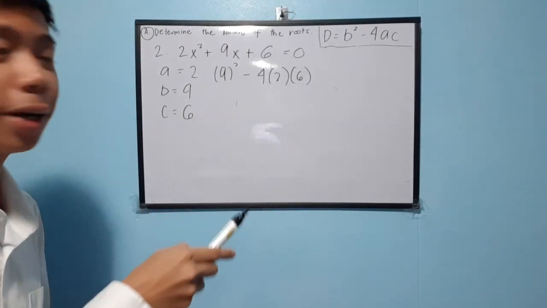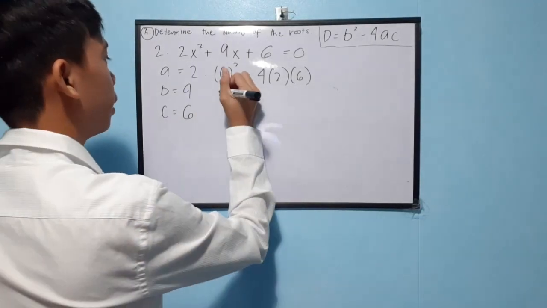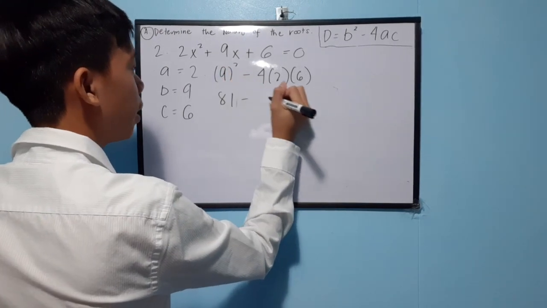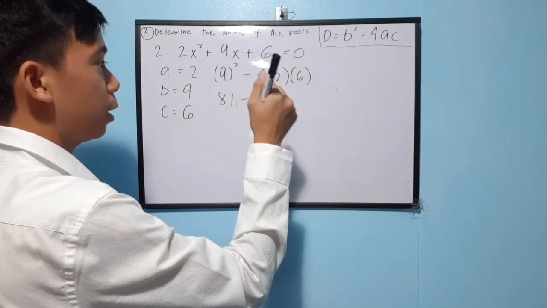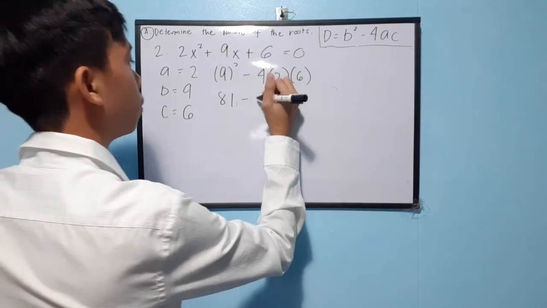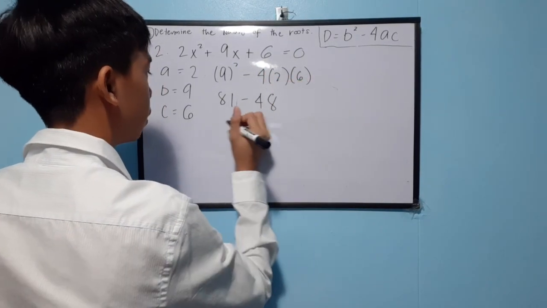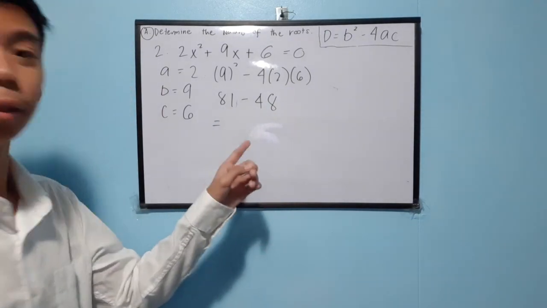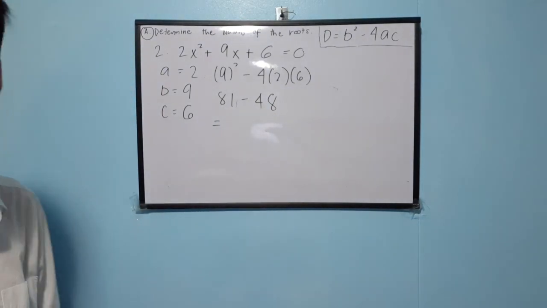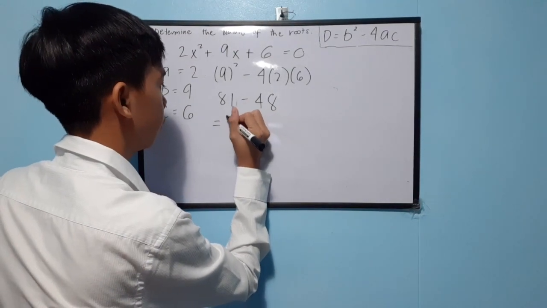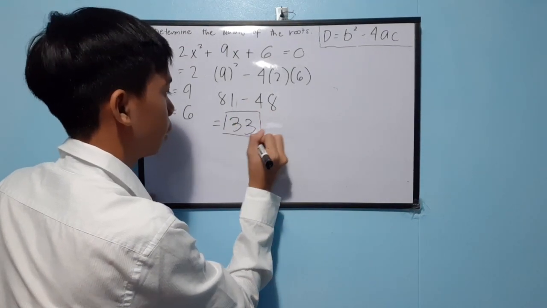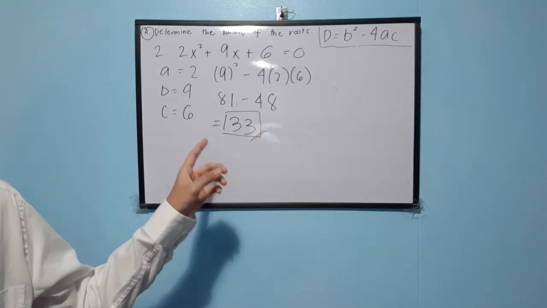So 9 squared is equal to 81. Minus 2 times 6 is equal to 12. And then 12 times 4 is equal to 48. Now 81 minus 48 is equal to 33. So this is our final answer.